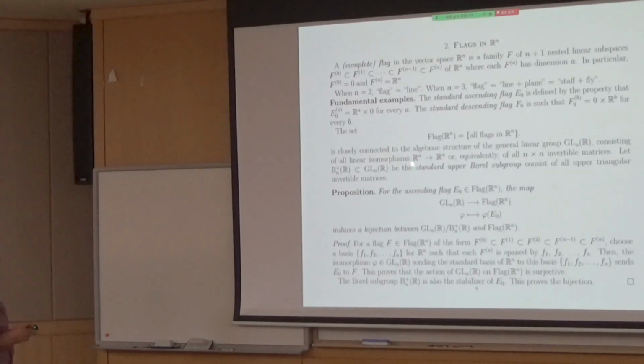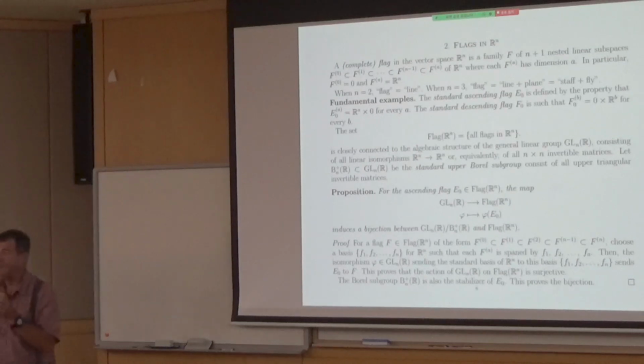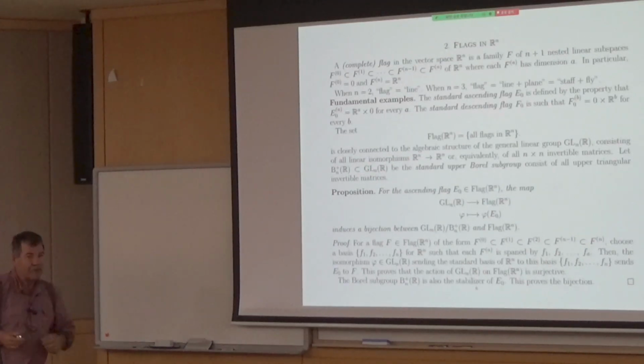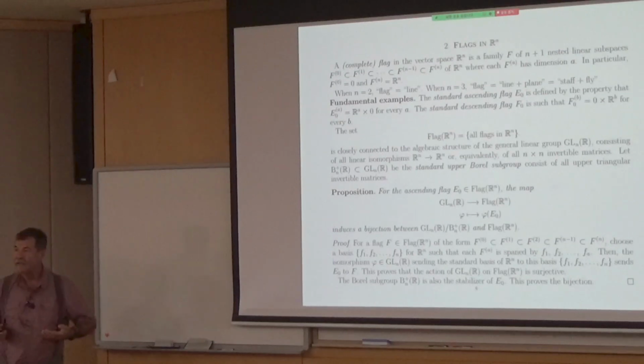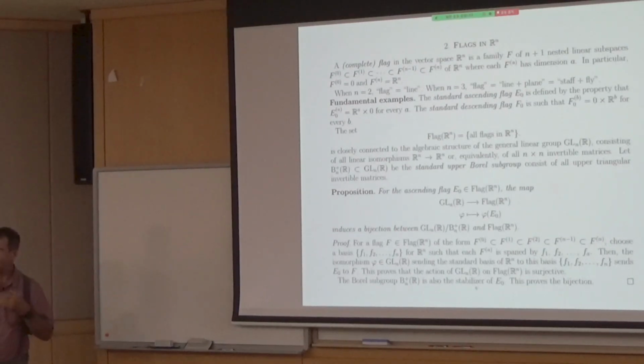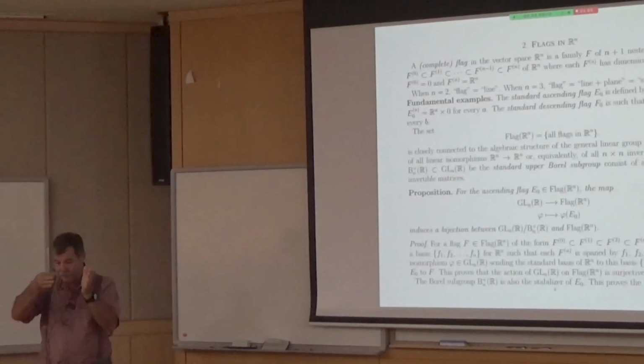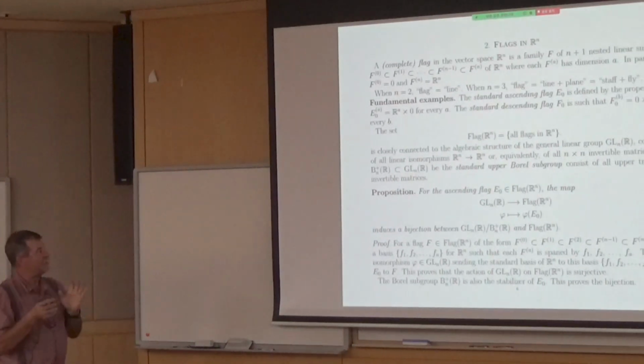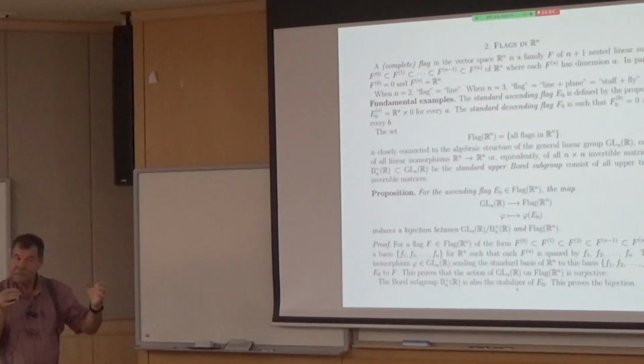On the rest of the slide here, you can scan it a little fast, but I would like to say that flags are important because they are intimately related to the structure of the group GLN. If you learn a little bit about Lie group theory, using words like Cartan subalgebra, roots, and so on, you start by looking at something which corresponds to the diagonal matrices.